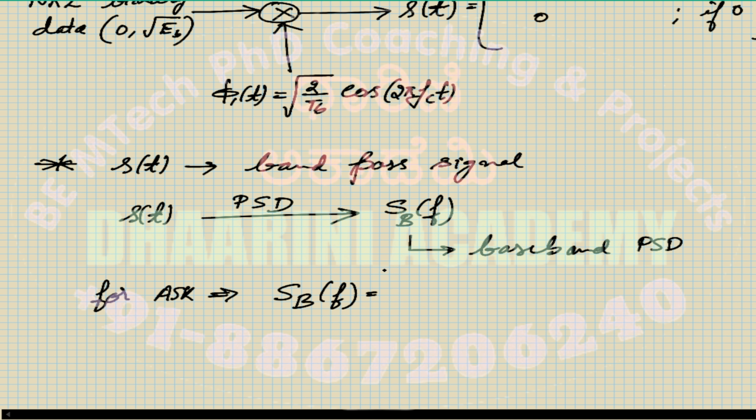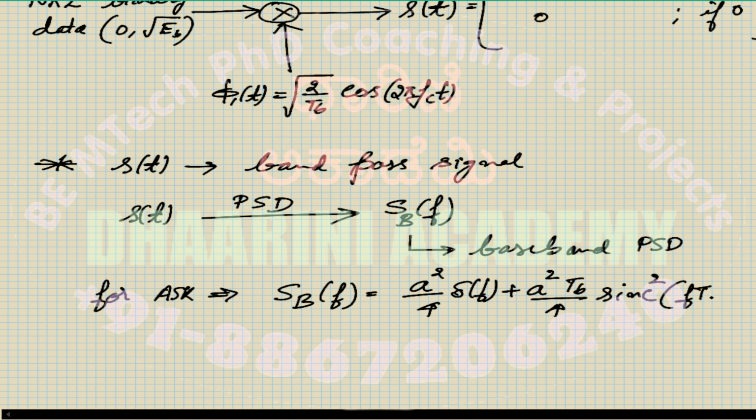The SB of F could be in the following format: A squared by 4 times delta of F, plus A squared TB by 4 sinc squared of F times TB. All right, so here A is a constant, that is root of 2EB by TB.